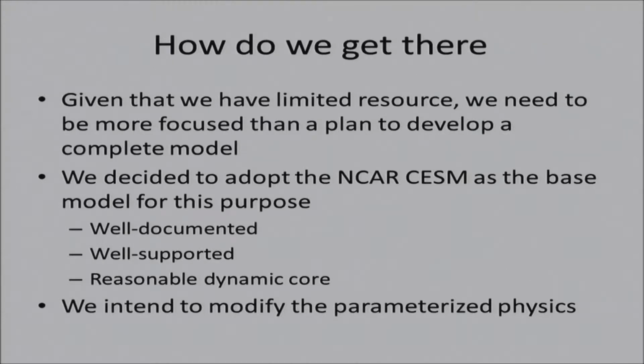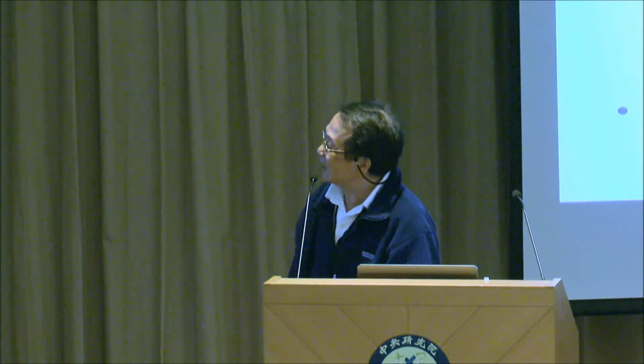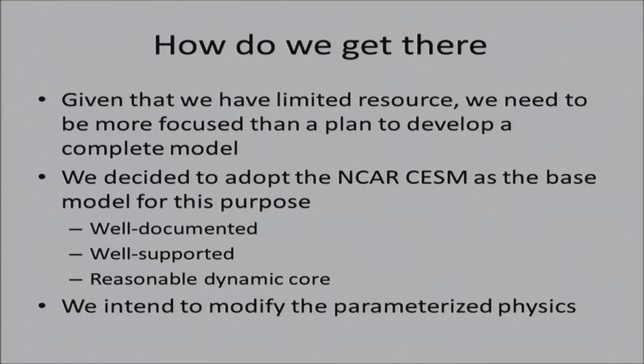One is they're well documented, they're well supported, and they have a reasonable dynamic core. It's not written by SJ, but it is following SJ's principle. And so we think that really to do the climate impact, probably making an effort in the physics change would be a more economical way to do this problem. So we intended to modify the parameterized physics to do this problem.